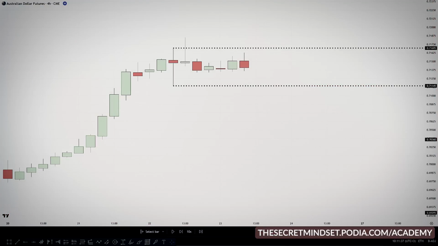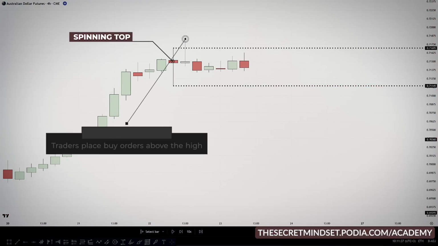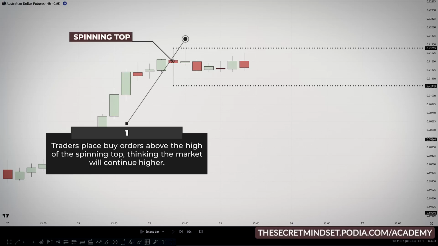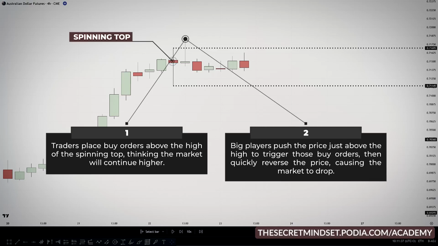For example, a spinning top forms after a momentum up move. Traders place buy orders above the high of the spinning top, thinking the market will continue higher. The big players push the price just above the high to trigger those buy orders, then quickly reverse the price, causing the market to drop.